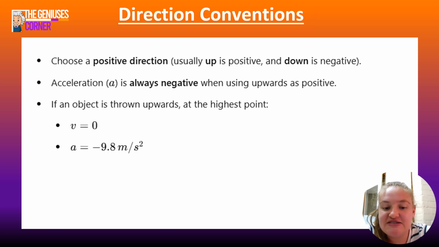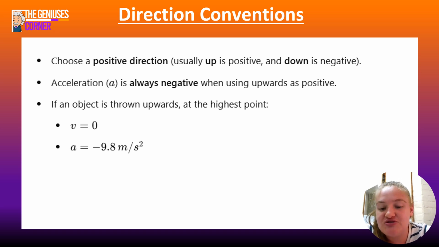A few key concepts for solving problems with vertical projectile motions. You must always choose a positive direction and a negative direction for motion. I find the easiest thing is to always use upwards as positive and downwards as negative. Therefore, acceleration will always be negative, because it is opposing your positive direction, which is upward movement.